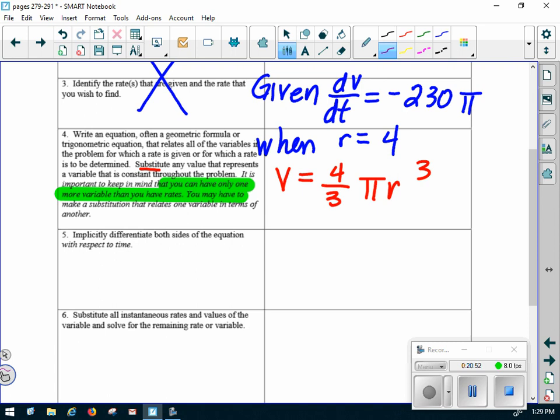Now, number 5, implicitly differentiate both sides of the equation with respect to time. dV dt equals... Now we differentiated this one on the front page, if you remember. 4/3 pi is the coefficient, 4 r squared dr dt.